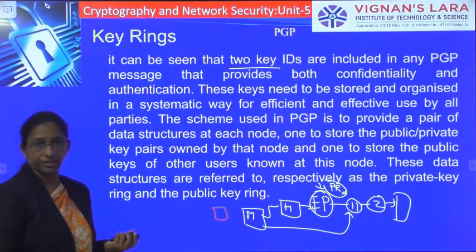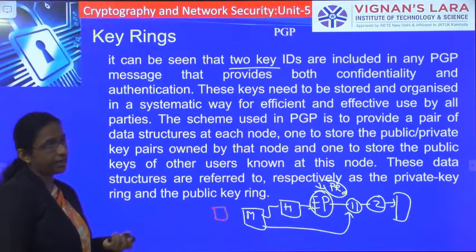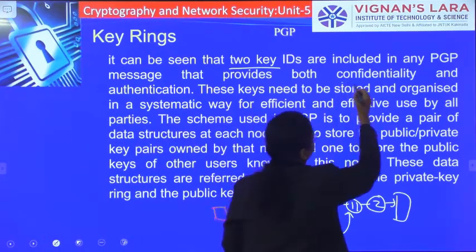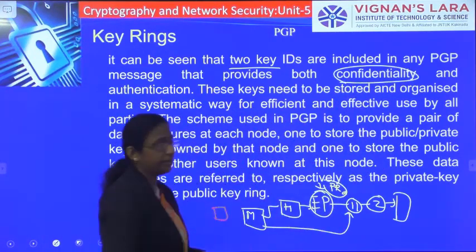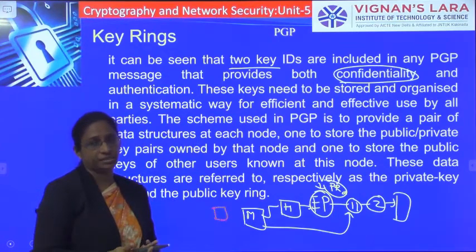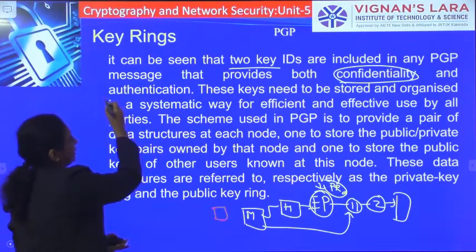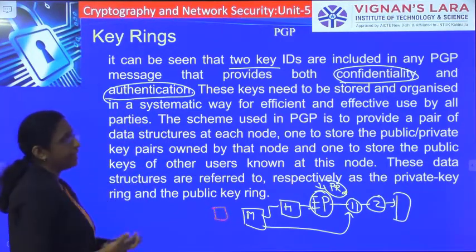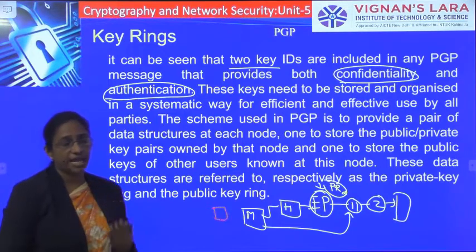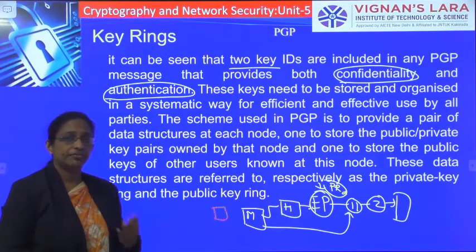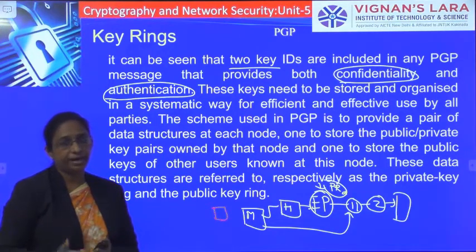PGP messages that provide both confidentiality and authentication include both. For confidentiality, the session key is encrypted and decrypted with the public and private keys, and similarly in authentication, the hash value is also encrypted and decrypted with the public and private keys.